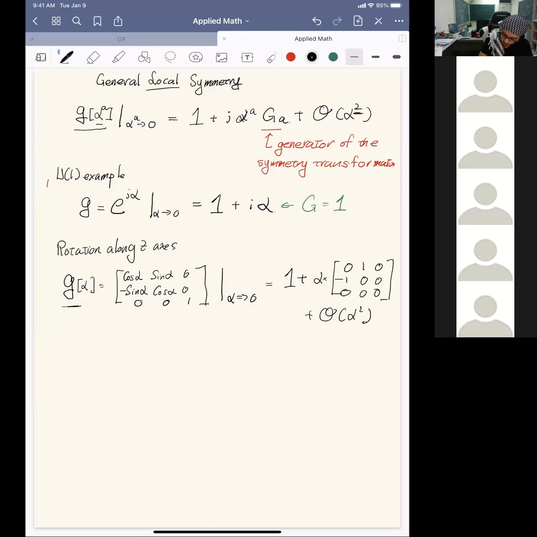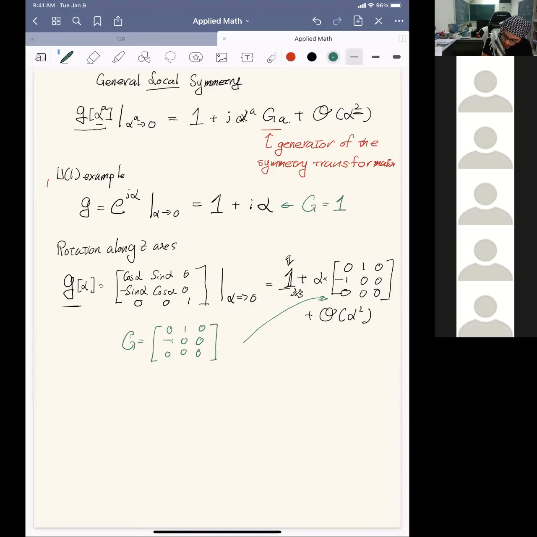First, this 1 is no longer just a number. It's actually the 3 by 3 identity matrix. So now the generator of this rotation along the z-axis looks like 0, 1, 0; minus 1, 0, 0; 0, 0, 0.